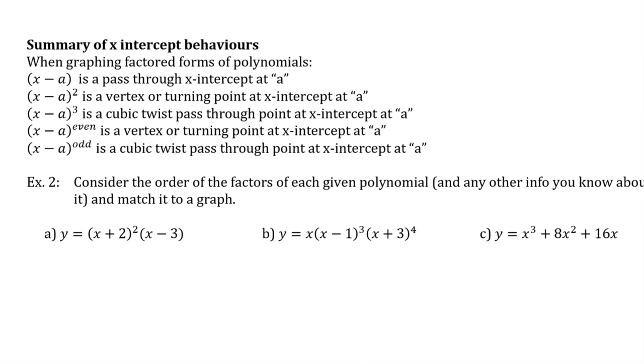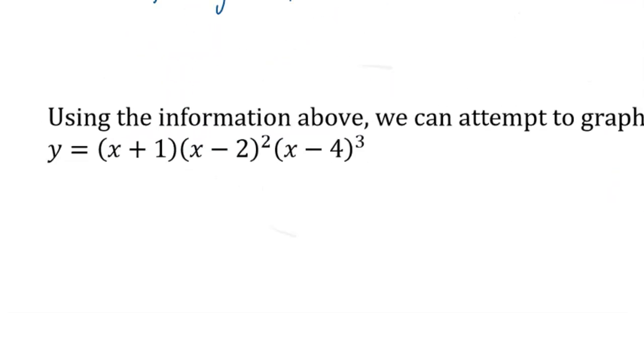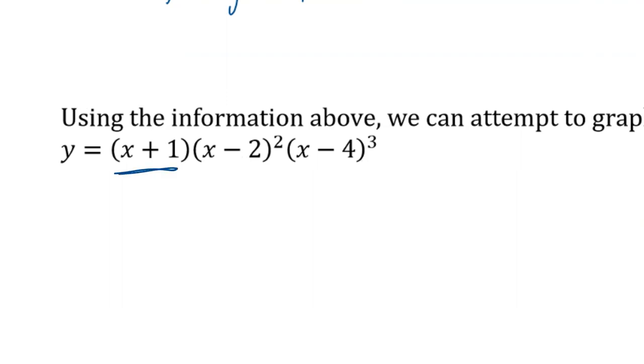It's the same thing as saying the degree of a particular x-intercept, but we use the word order. So some of the questions are going to say, what is the order of the x-intercept? And it just means the degree. So if I went back here, the order of this one is 1, of this one is 2, and of this one is 3. The degree of the entire function, as I said, was 6. But each individual x-intercept also has a degree, and we call that the order.